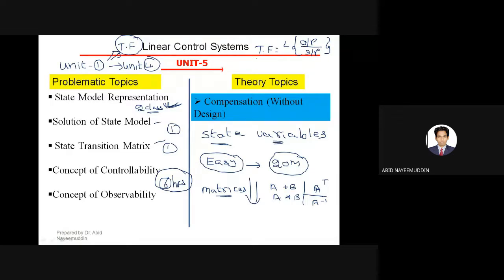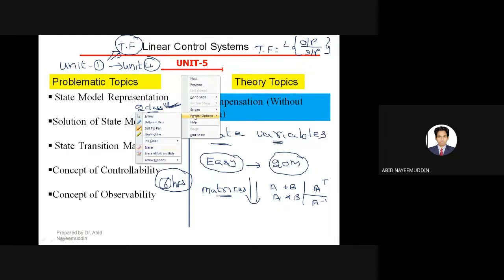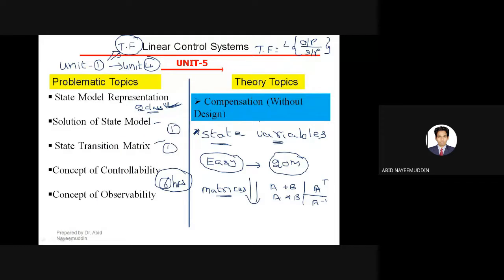And what I can say here is this new concept, the concept of state variables, has no link between the previous units and this unit. I can say that up to the 4th unit, control system is over, up to the 4th unit with compensation.